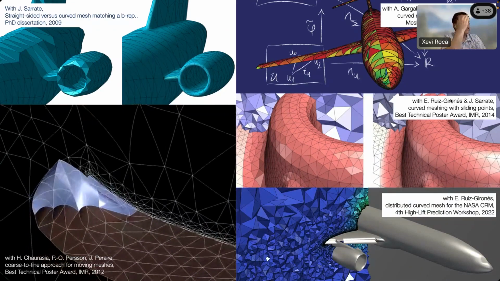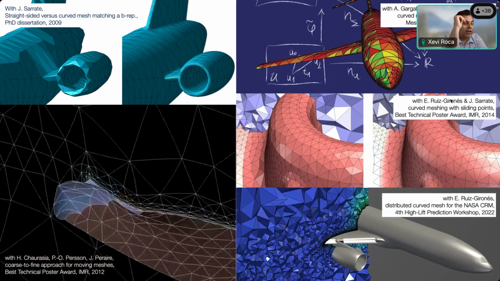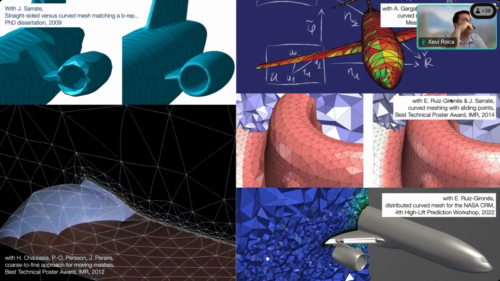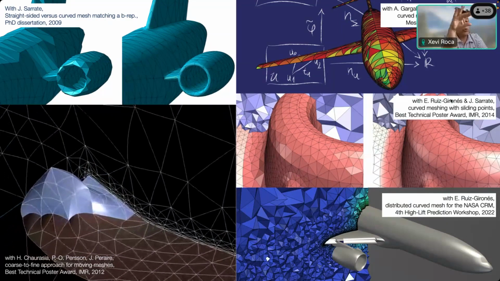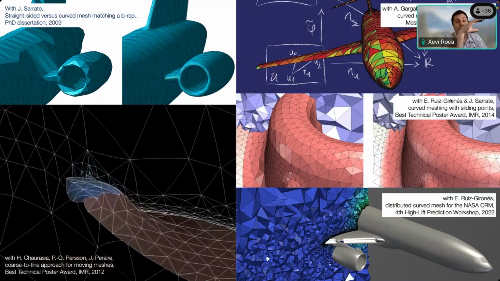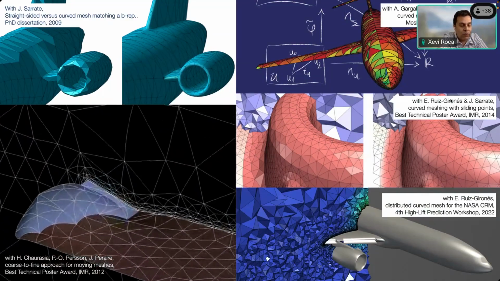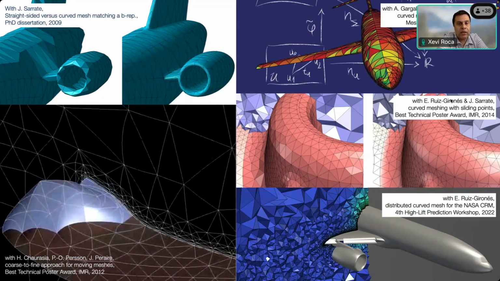These are some pictures, because we're going to see fewer pictures in the next slides. It's actually a small history of what we were doing. On the top left, we have results of my PhD thesis with Josep Serrate.